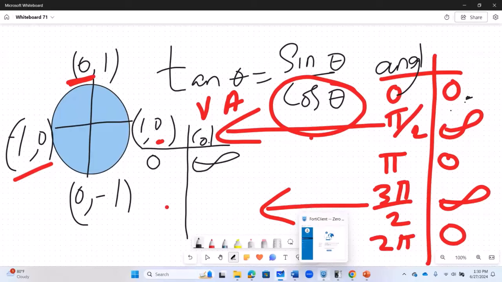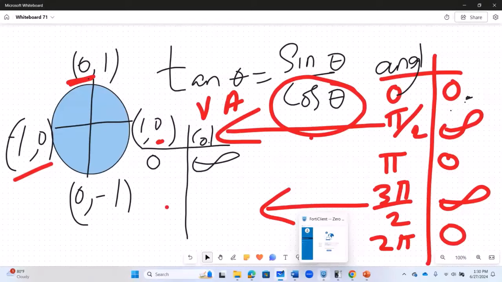So cotangent of 90 is going to be 1 over 0. Let's make sure we look at this one. Here, cotangent of 0 is undefined, because cotangent is cosine over sine.